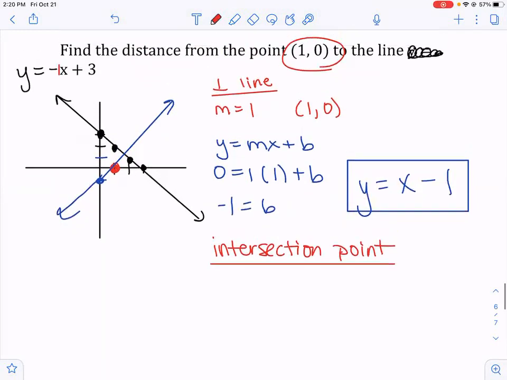Okay, so we have the lines y equals negative x plus 3 and y equals x minus 1. We have those two lines. I need to know where they intersect so I can find that. I need to know the point that they both have.